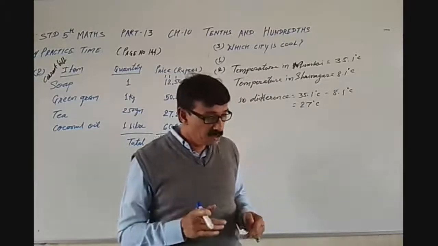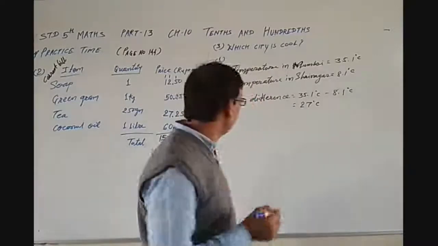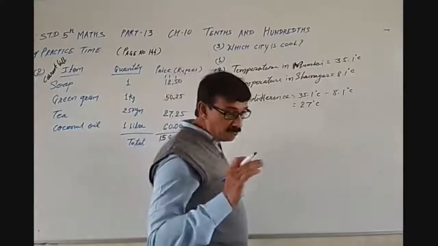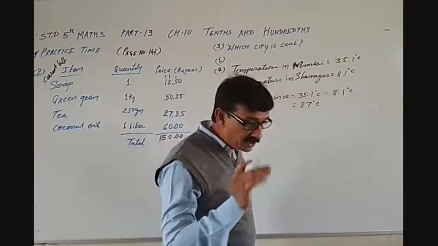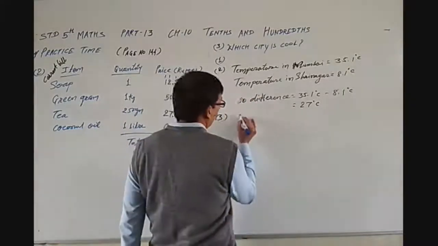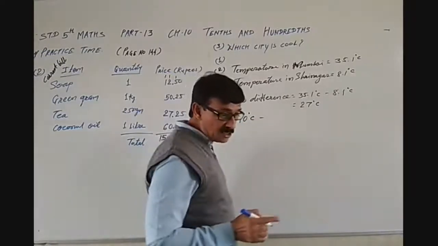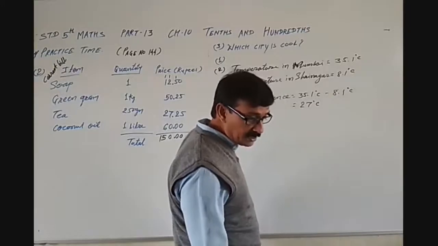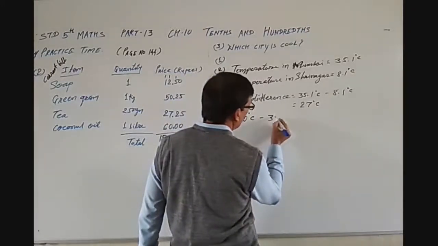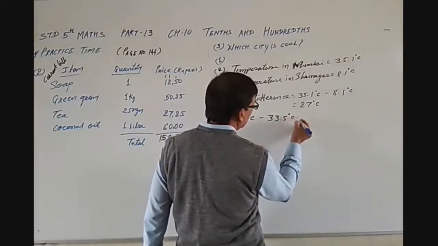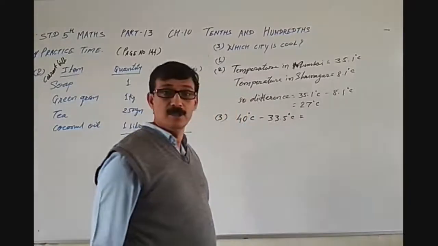For that, what should we do? The method should be, see, it should reach up to 40 degrees now. So 40 degrees, let's deduct the temperature of Thiruvananthapuram, that is 33.5 degrees Celsius, isn't it?